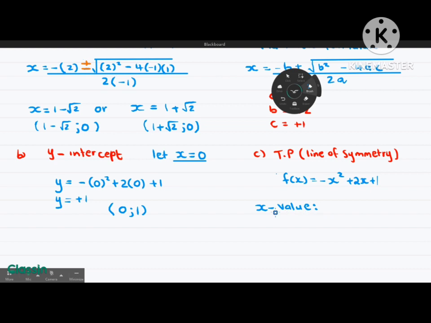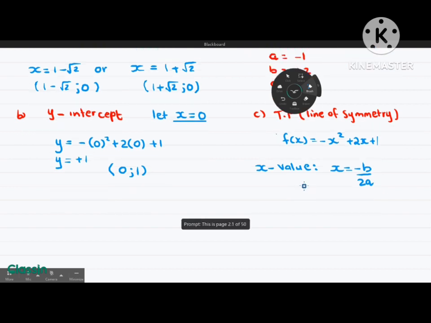And for us to determine the x value, we need the formula which says x equals minus b over 2a. So now, from here, we are going to say our x equals minus, how much is b?